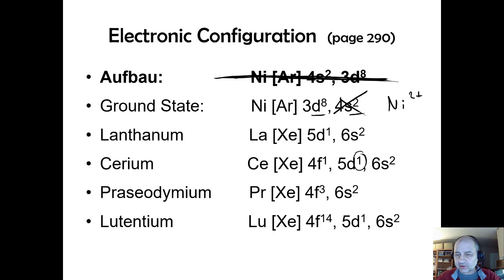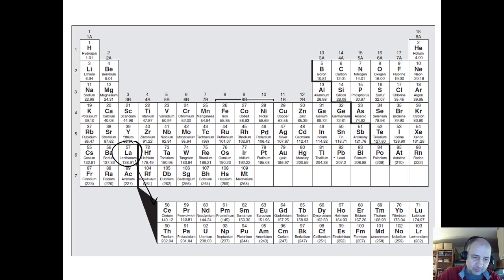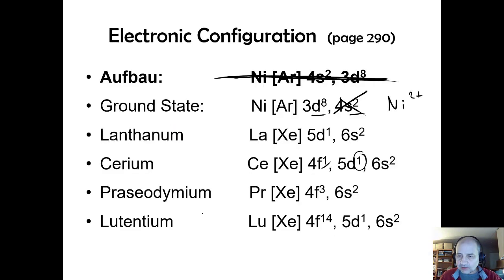It keeps the d electron and then has 1 in the f, but after that, with praseodymium, we then promote this d electron, and so we have 4f3. That's an odd exception, probably not all that important.